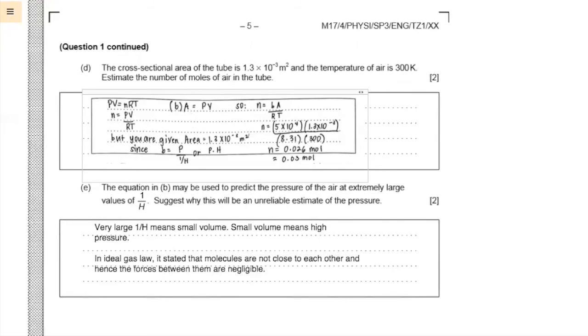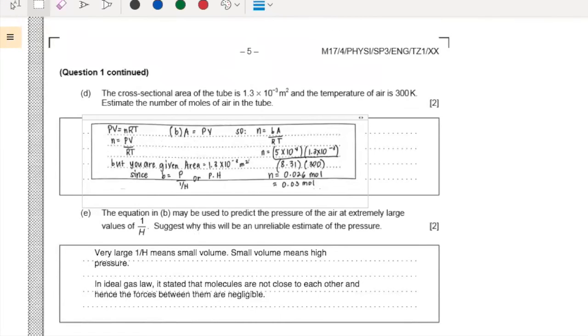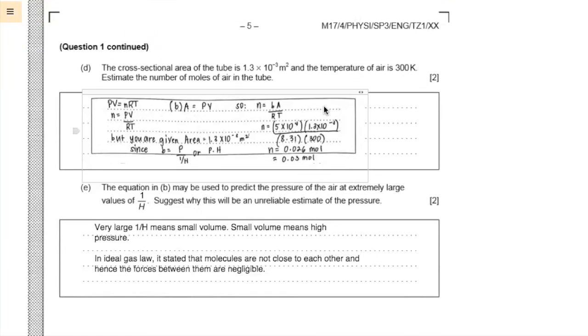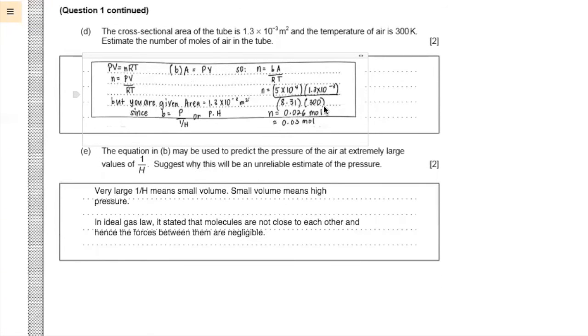So, we know that n can be gotten from the formula PV is equal to nRT, and n is equal to PV over RT. However, we don't have the volume, but instead we have the area. So what can we get?